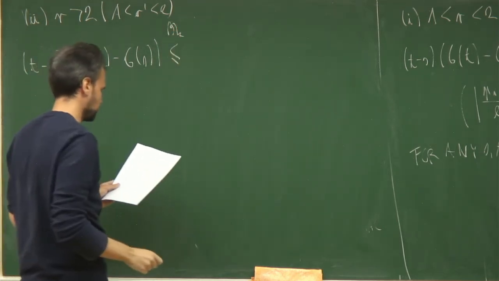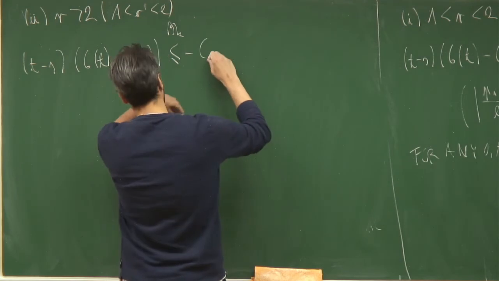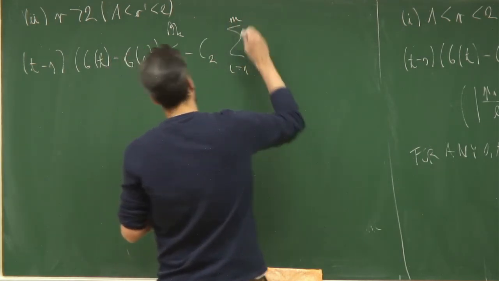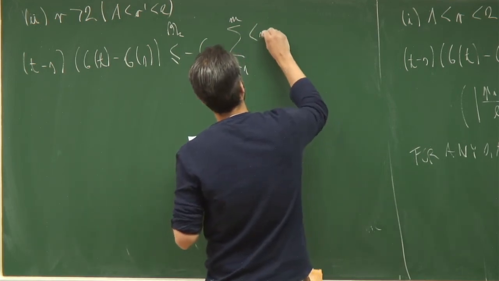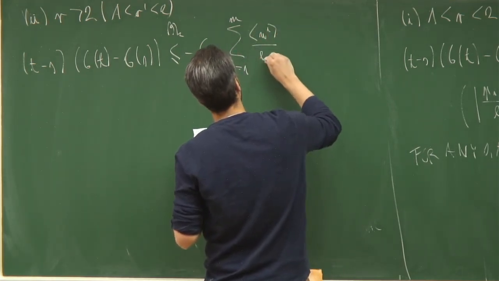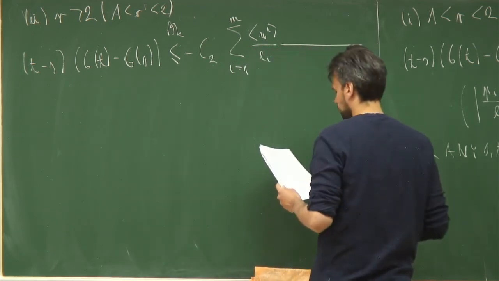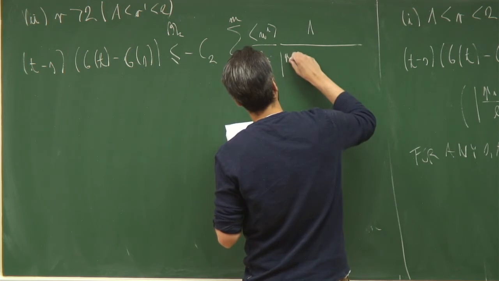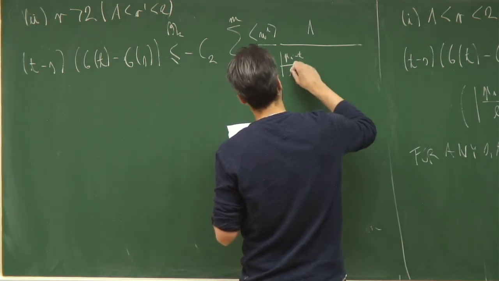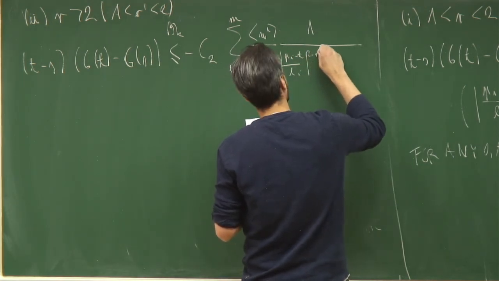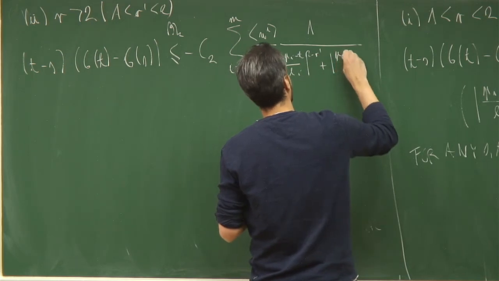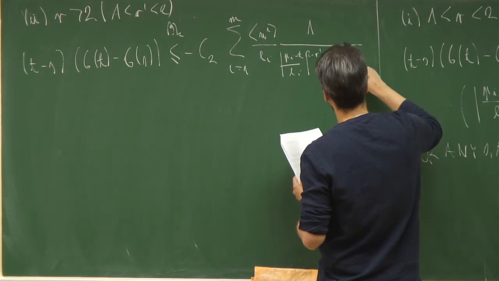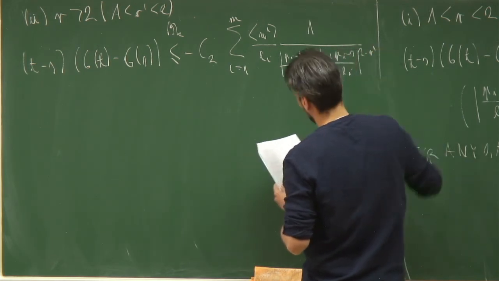From the second inequality, you obtain the following: minus c2 times the sum from 1 to m of vi over li times 1 over (|(pi − t)/li|^(2−r) + |(pi − s)/li|^(2−r)).